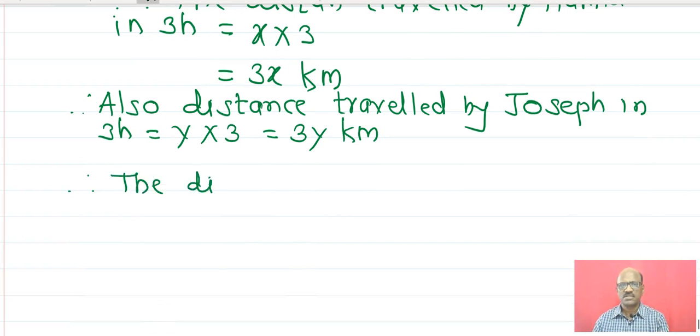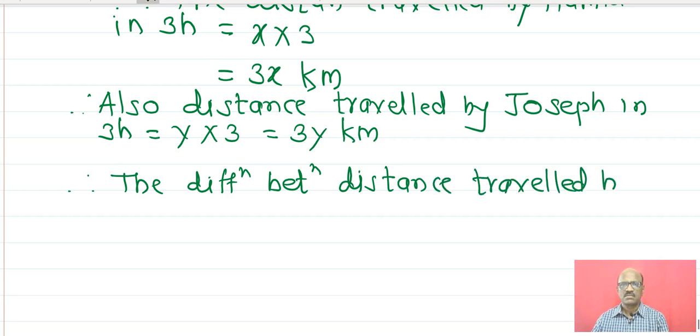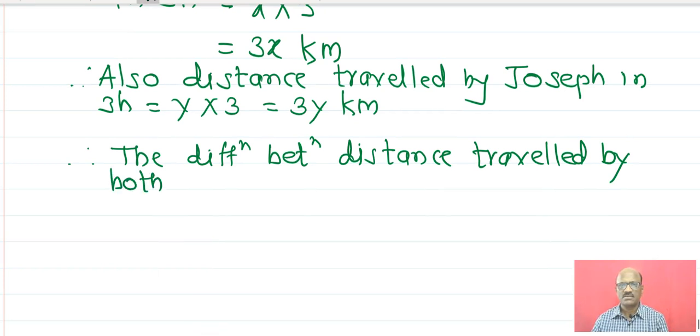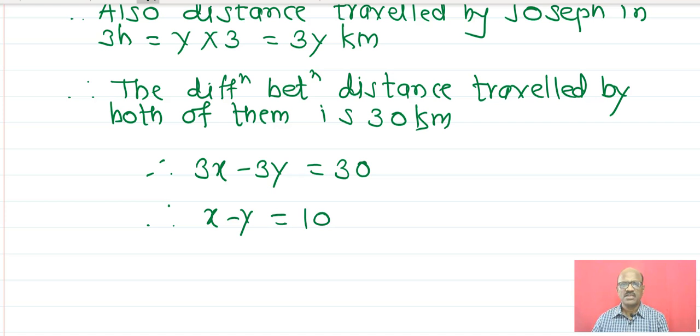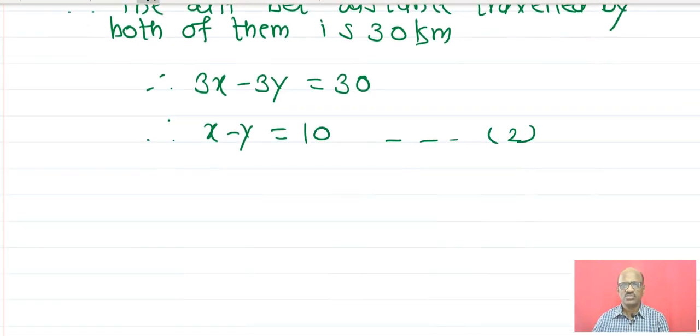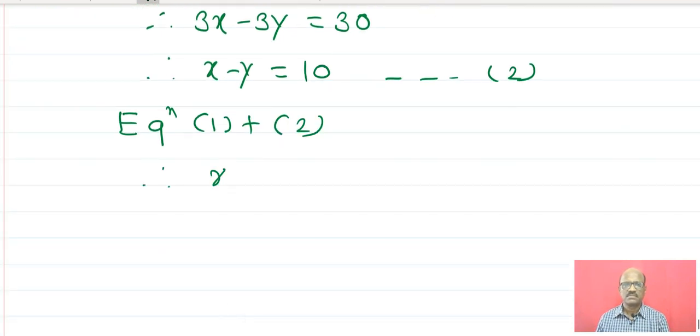And therefore their subtraction gives the original distance between them. Difference between the distance traveled by both of them is 30 km. Therefore 3x minus 3y is equal to 30. x minus y is equal to 10, dividing on both sides by 3.